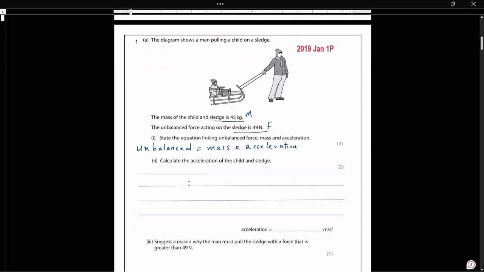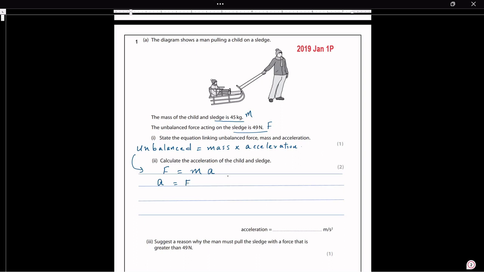Let us move on to the next part of the question. Calculate the acceleration of the child and the sledge. So we can make use of the same equation we have written here. Actually, it is Newton's second law. Force is the product of mass and acceleration. The force is already given. Mass is given. We have to calculate the acceleration. So for that, let us take acceleration as the subject.